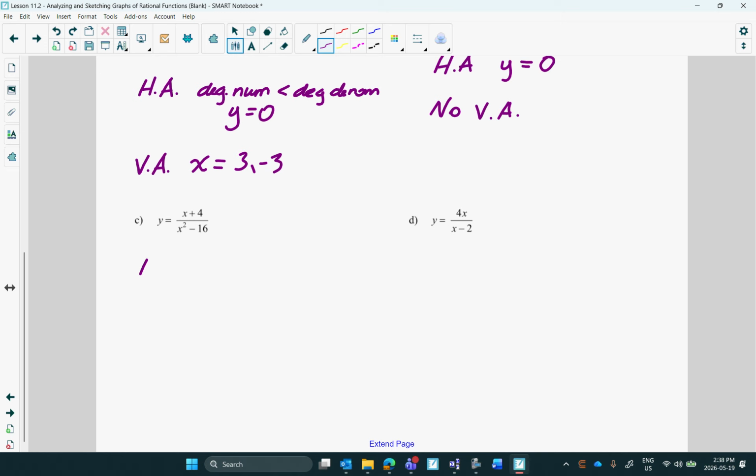This one, I'm not supposed to deal with the horizontal before I factor it. Degree of numerator? 1. And less than the degree of the denominator, so y equals 0. Okay. To get to the vertical, you have to factor. It is a difference of squares that I can factor.